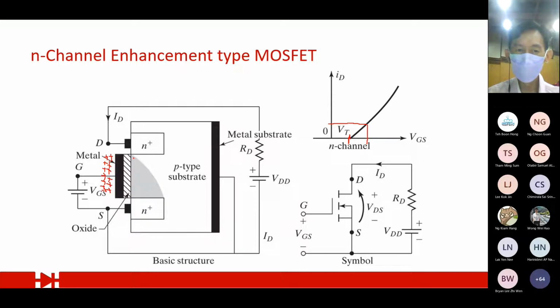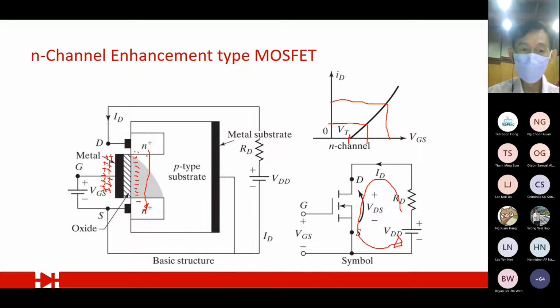With more positive charge, it will attract more electrons, negative, negative, negative, forming a bridge so that current will start to flow through. As you increase more above VT, you will see that the current ID increases.